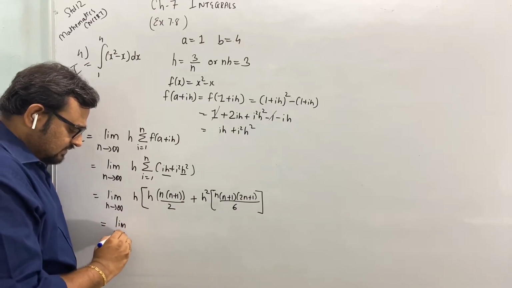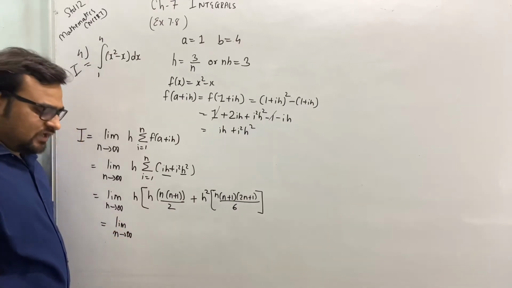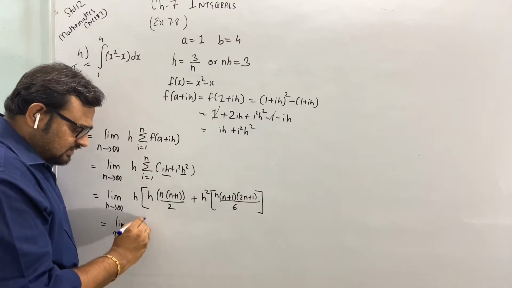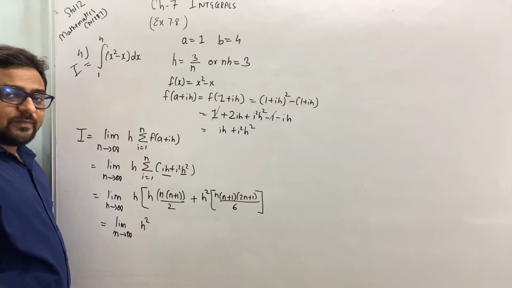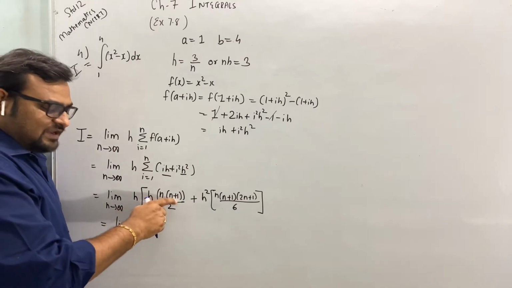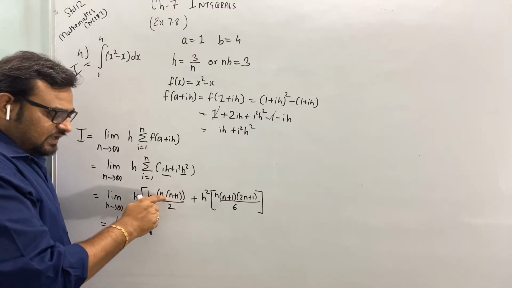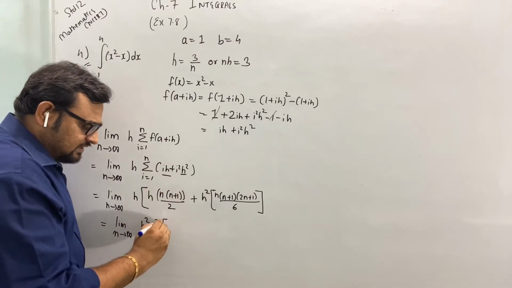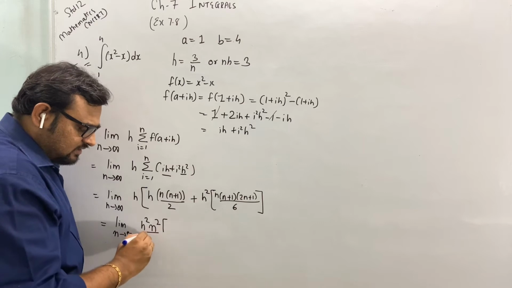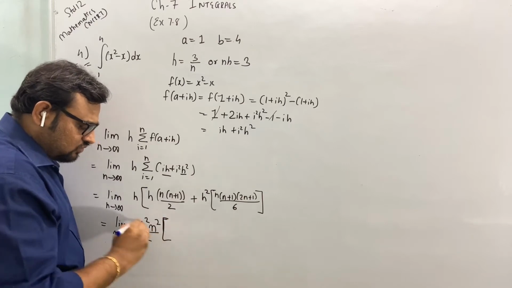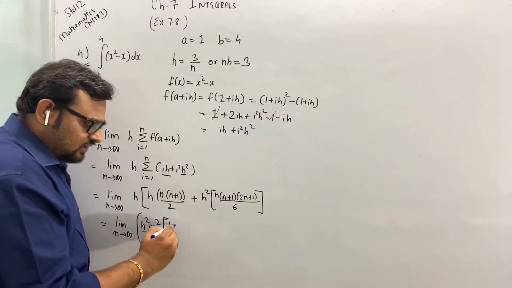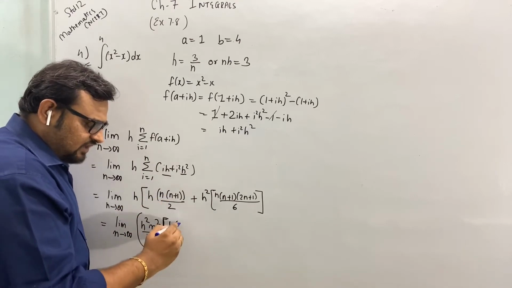So limit n tends to infinity. I will multiply this h into h, and h square. Now remember our technique, from both these I will take n common. So 1n and 1n, it will be n square and 2. So instead of n, 1. Instead of n, 1.